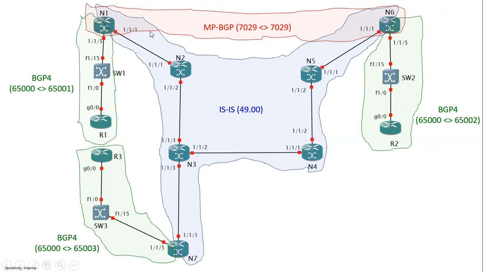And we're also running multi-protocol BGP between each of our provider edge routers. So this neighborship you see at the top, multi-protocol BGP, AS7029 to AS7029. This is a full mesh, but I mean, there's only so much mess you can fit on one PowerPoint slide. So just envision another multi-protocol BGP neighborship from N1 to N7 and from N7 to N6, because we're going to have that full mesh.